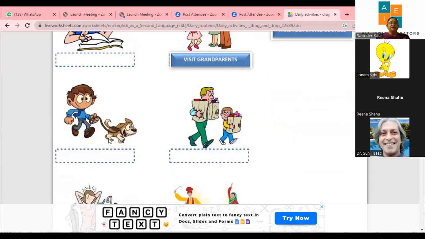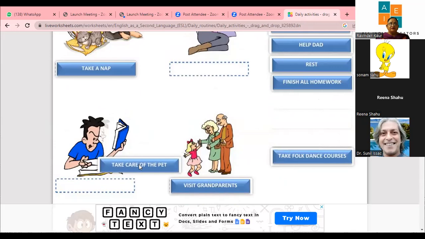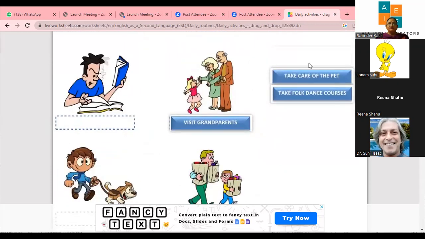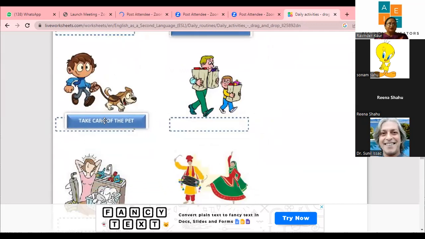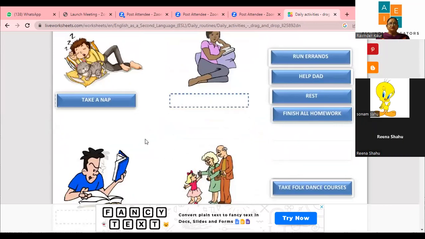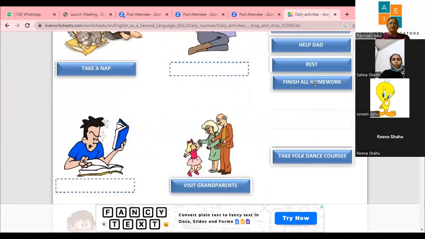Where is the pet? Here is the pet. Can we bring that take care of the pet here? And then finish homework. So is this fellow finishing homework? Can we put this for him?